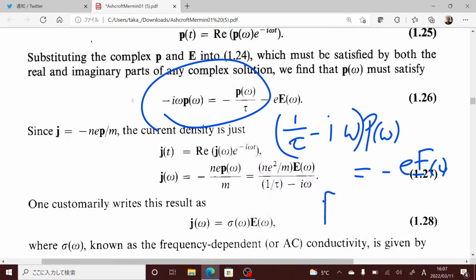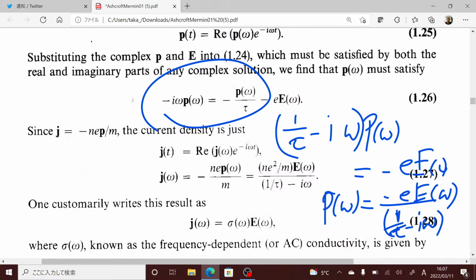So p of omega equals minus e E of omega divided by (1 over tau minus i omega).